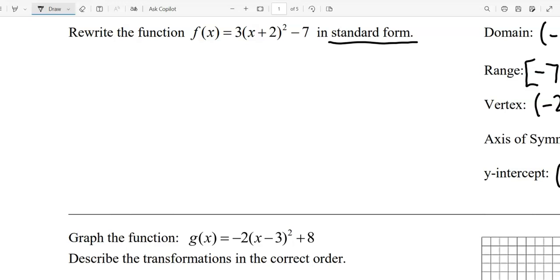Ooh, because we're going to have to distribute what? We're going to have to distribute the 3. The square means what? There's 2 of them. So that means the x plus 2 is doing what?